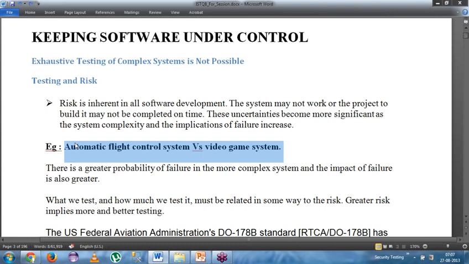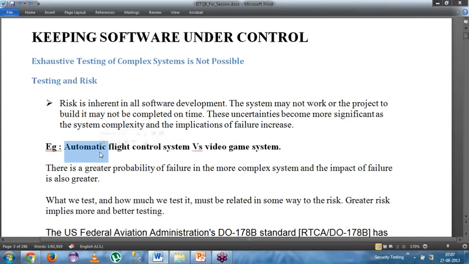So here we need to understand the context. If the risk is more, you need to have a robust testing mechanism in place. The greater the probability of failure, the more complex the system is. Whereas with a video gaming system, you probably do some testing, and even if you miss something, it is not going to impact financially, or put your reputation at risk. Whereas your flight control system will.